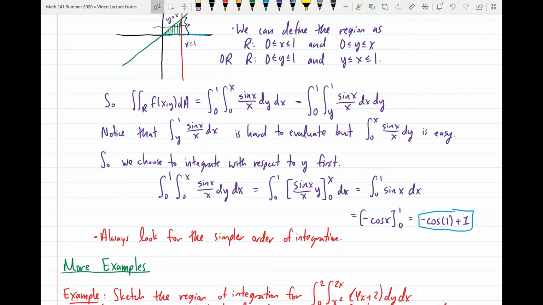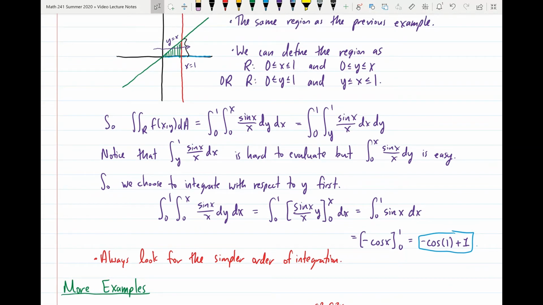But we want to integrate with respect to y first. And the reason is that if we tried to integrate sine of x over x with respect to x first, so if we tried to integrate in this order, the problem is that we actually don't have any method to integrate sine of x over x, or at least not using elementary functions.